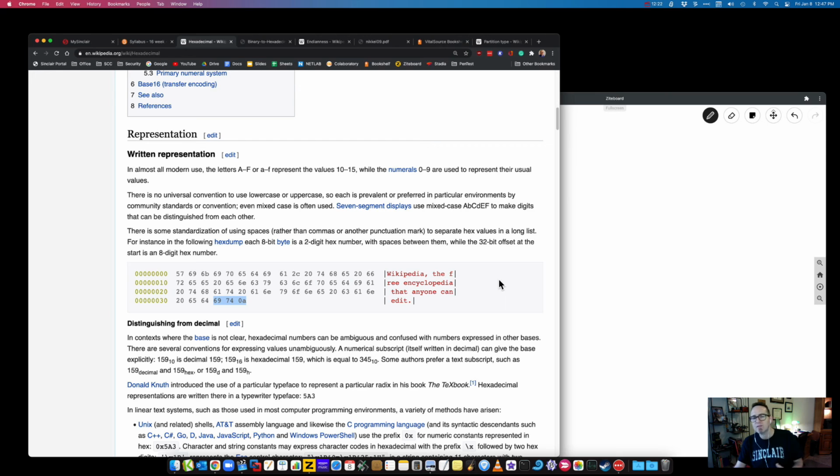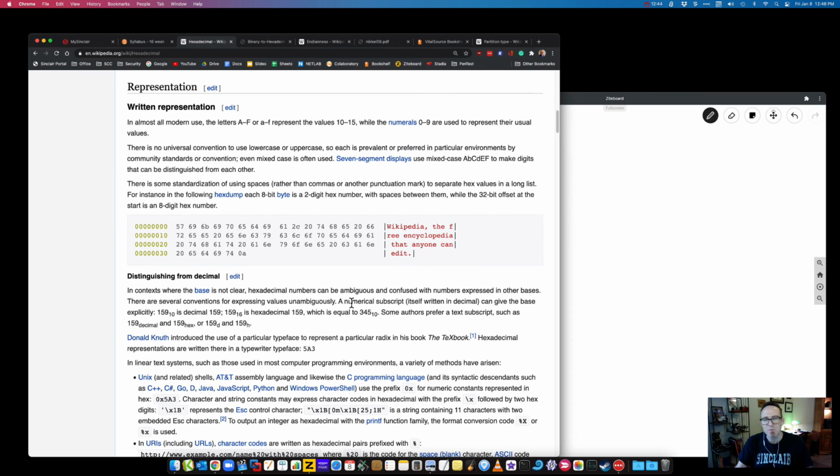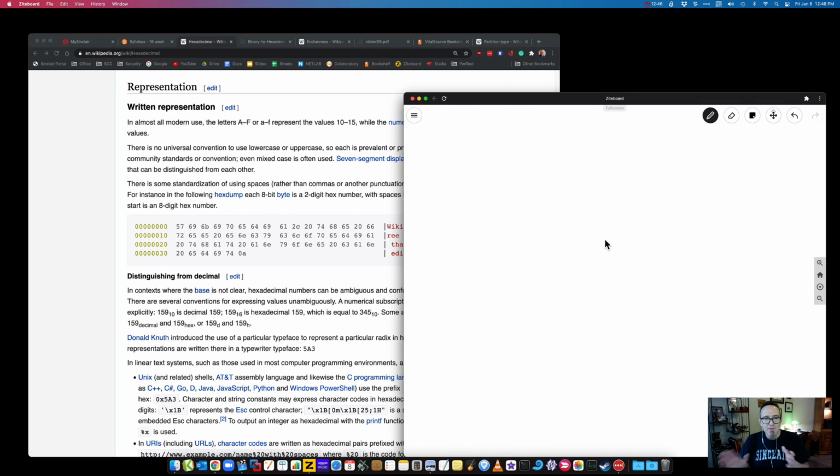If they're important, let's say they're part of a file signature, or the indicator for the type of format for the disk, or the end of a partition, it could be written backwards. So it actually could be 0A 74 69. In this case, it looks like it's regularly Big Endian, but I'm not sure here. This is an example. Anyways, just remember hexadecimal.